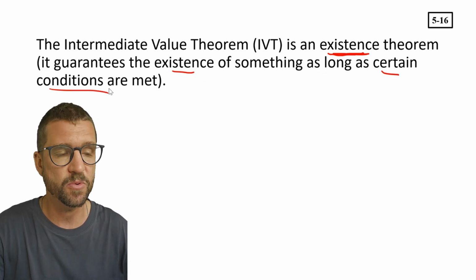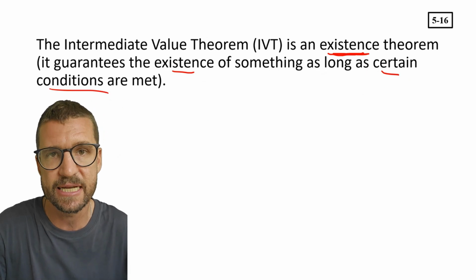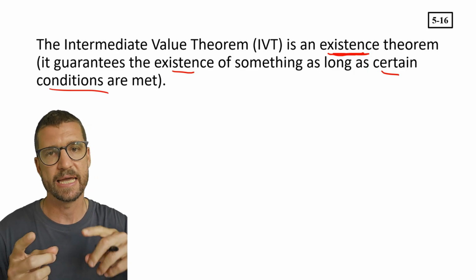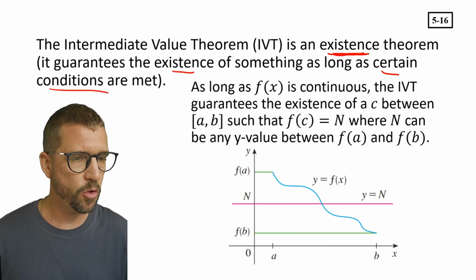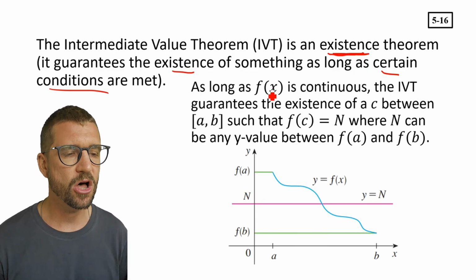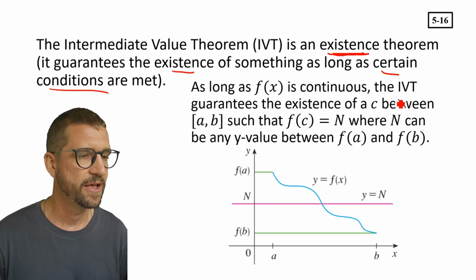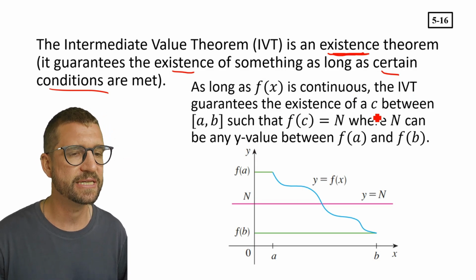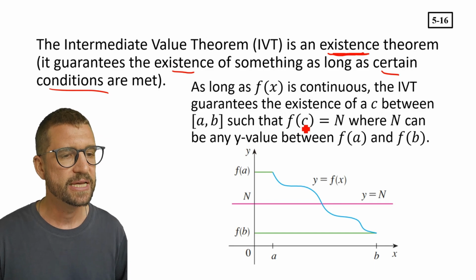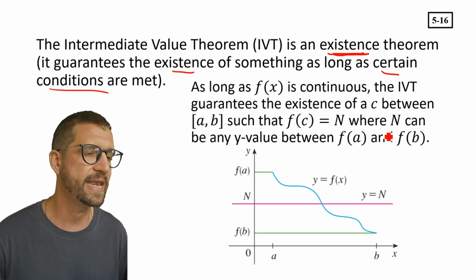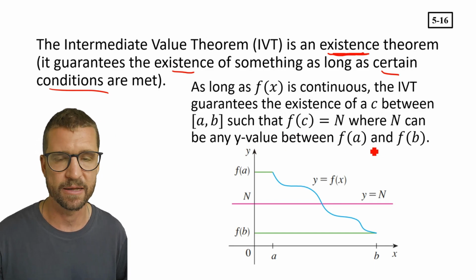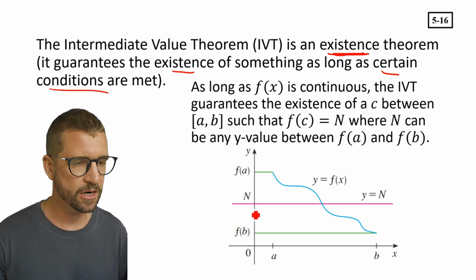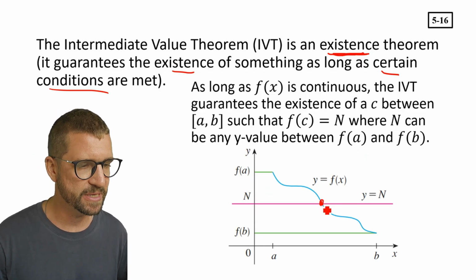The only condition is it needs to be continuous between a and b. So as long as f of x is continuous, the intermediate value theorem guarantees that there is a c between a and b such that f of c equals n, a y value between f of a and f of b. So here's a, here's b, here's n, so we know there must be a c.